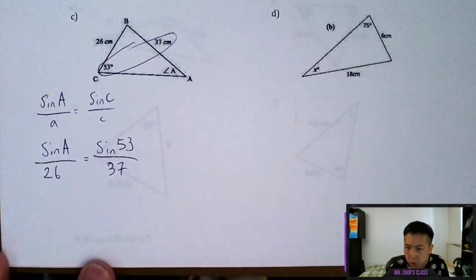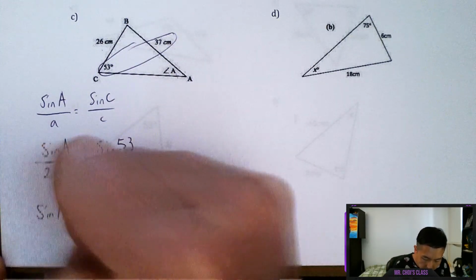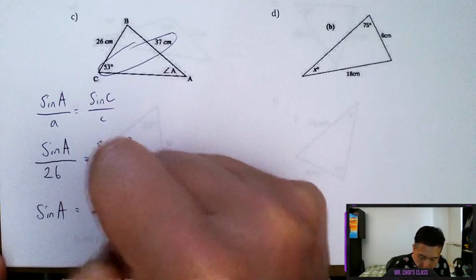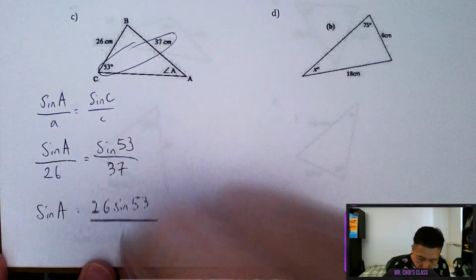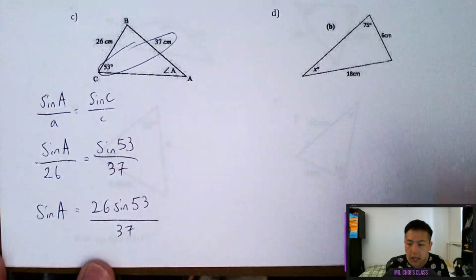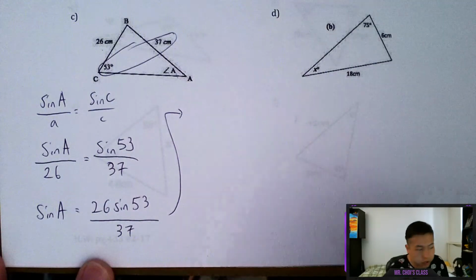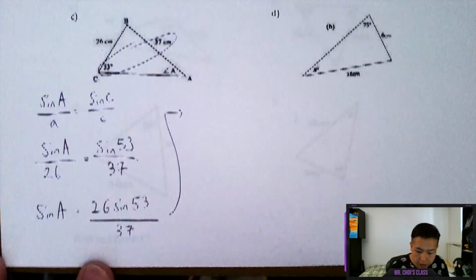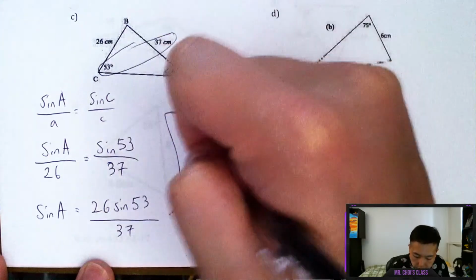We're going to multiply the 26 like we did before. But we remember that multiplying a number to a trig function puts the number in the front. And then, like Nee said in the chat, we do need to do sine inverse. So if we did everything in one step, or you wanted to show it in one step, you can do this.